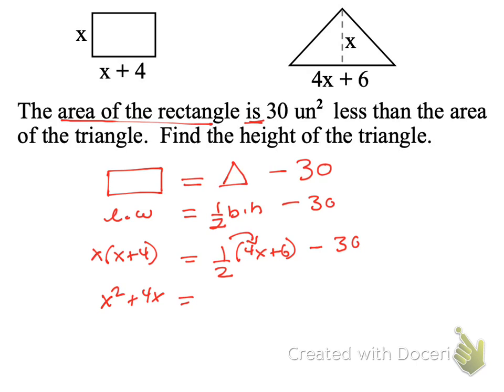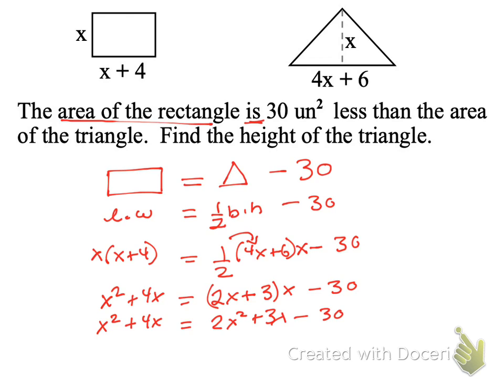That's just the base. You didn't multiply the height. Oh yeah, times the height, which is x. When I distribute this, 2x plus 3, and that whole thing gets multiplied by x, right? So now I get x squared plus 4x equals 2x squared plus 3x minus 30.